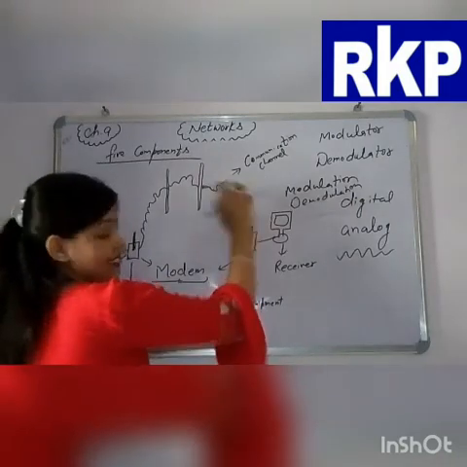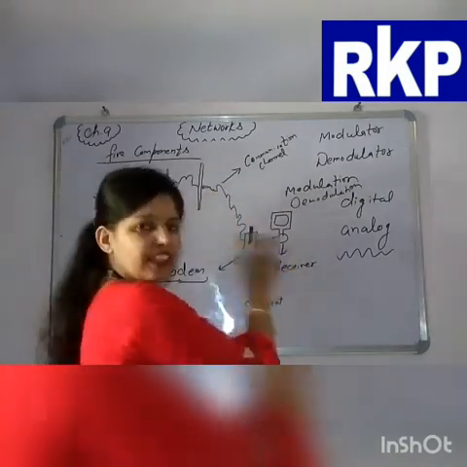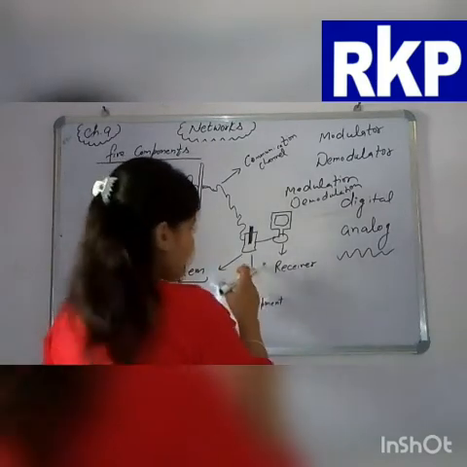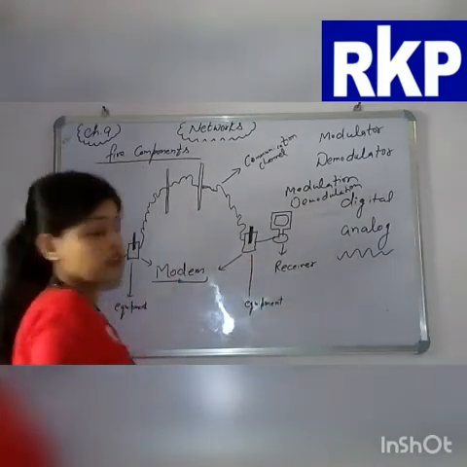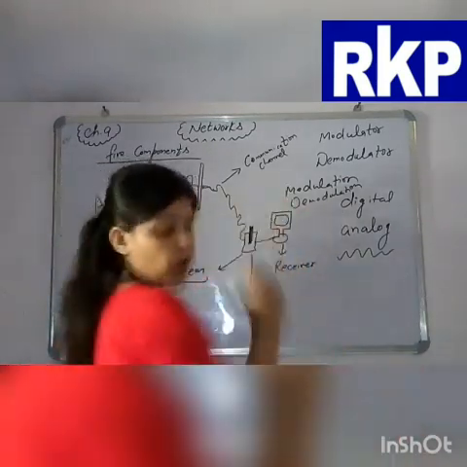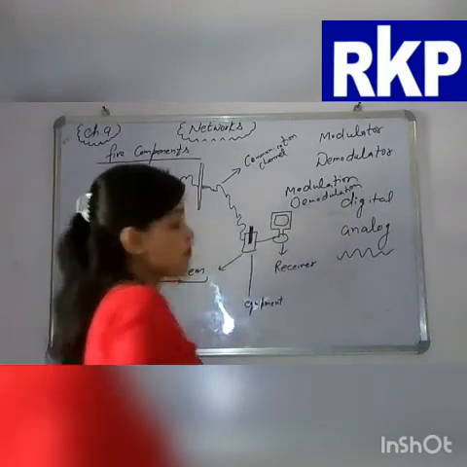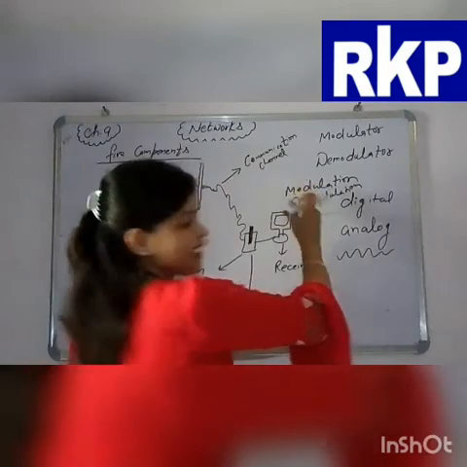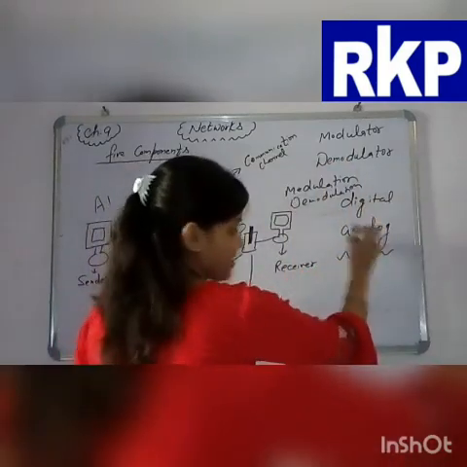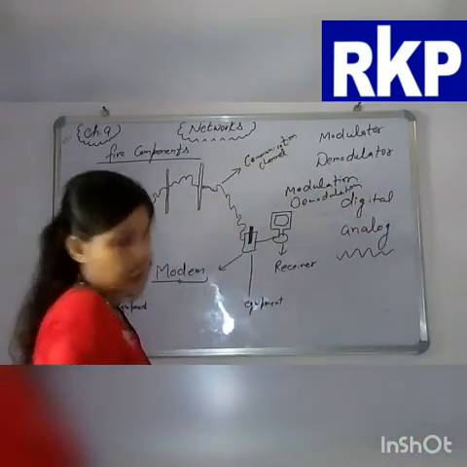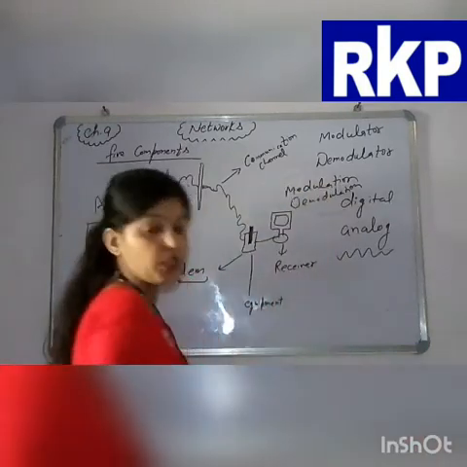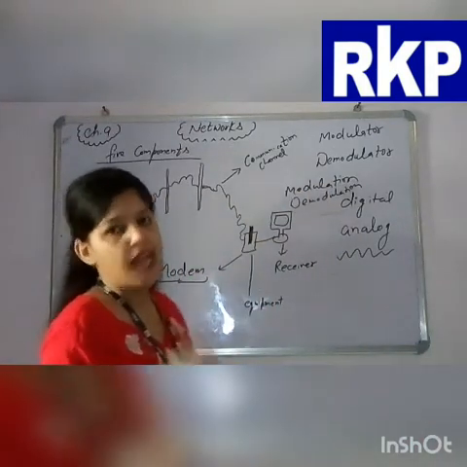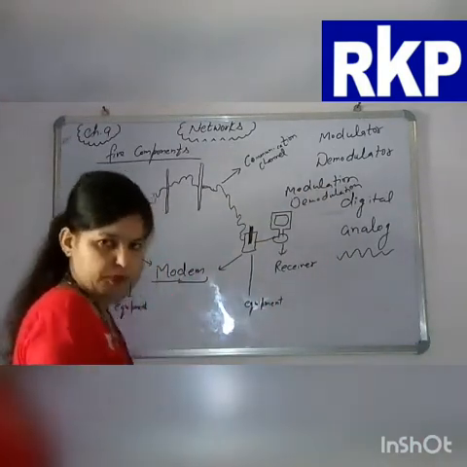It will convert that analog form into digital form once again. So here this modem is doing demodulation. So modem stands for modulator, demodulator. It converts digital signals into analog and vice versa. That's why the task of the modem is modulation and demodulation.